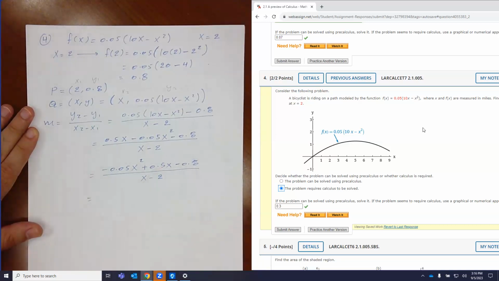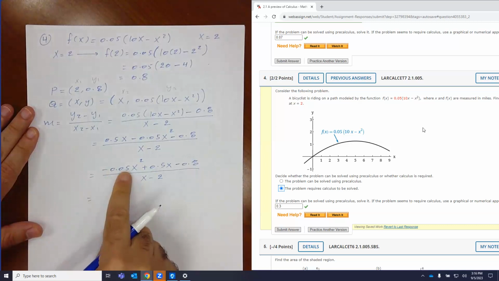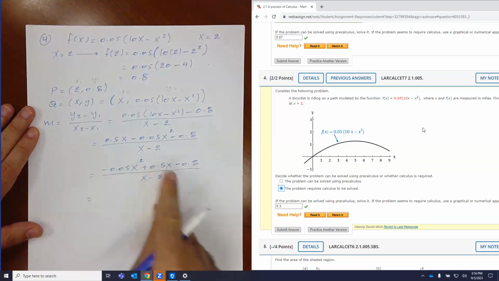Next step, I'm going to take 0.05 as a common factor between these 3 terms.